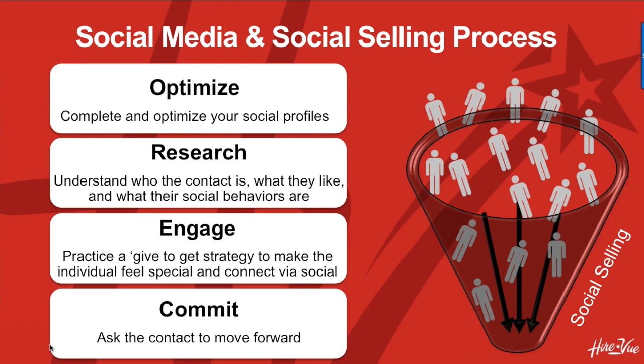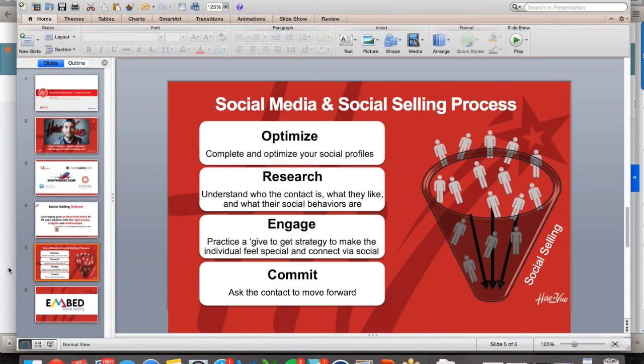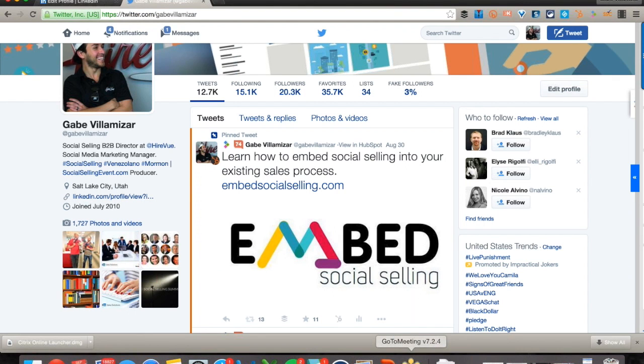Because if the whole relationship is online, then it's not going to build as fast as its potential. So that's why I highly recommend you take a conversation offline, meaning over the phone, or meet in person with the person you're trying to get a hold of. I came up with this whole strategy of the social media and social selling process of how to get the most out of social media, and you would follow these 4 steps. So that's that, and let me see if we have any questions here.